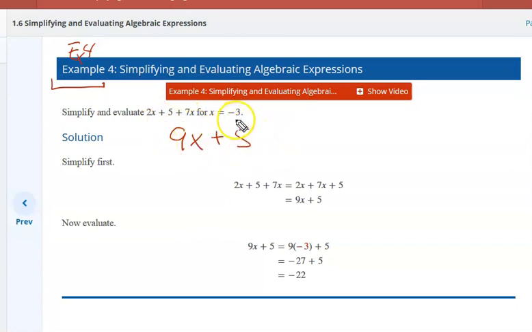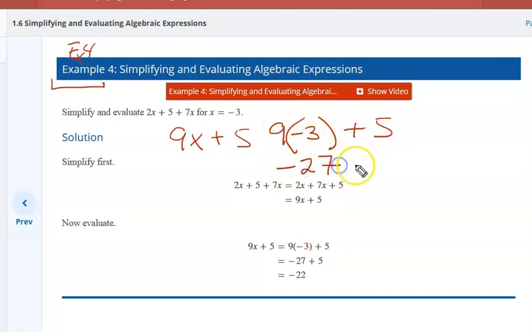Now we're going to put the value -3 where the x is. So 9 times -3 plus 5. This is a -27 plus 5 gives us then a -22. And they have this worked out there as well.